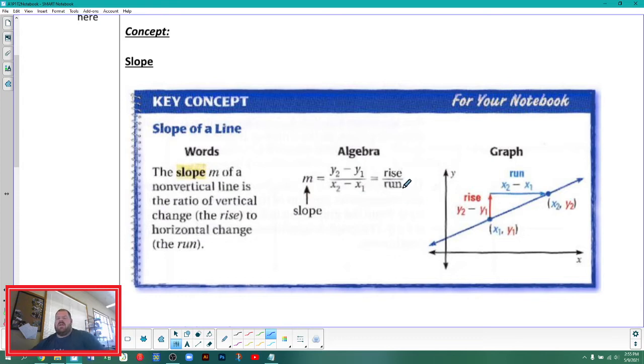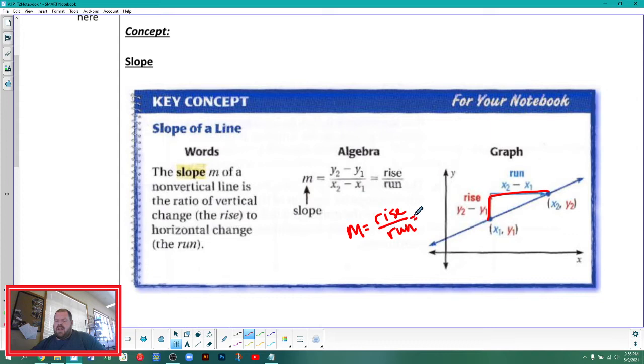And when we're looking on a graph, we're going to get to this equation one of these days this week, but for today we're looking at a graph, and we want to compare how far up does it go, and then how far over does it go for rise and run. And we want to put that as a fraction. And our main idea today is going to be just the rise over run.